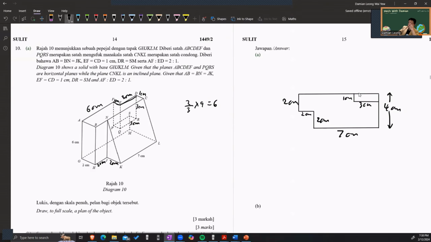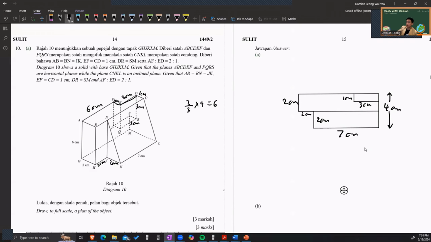You don't have to label the measurements, but you have to draw exactly the measurements. Here, actually, you will be able to see this horizontal line going all the way also. Yeah, so draw this line all the way. Yeah, so it should look like this.